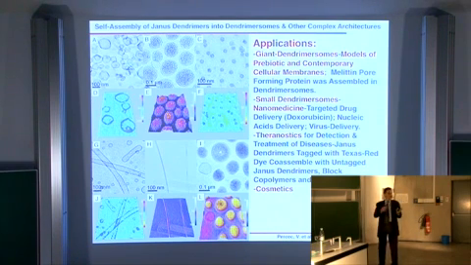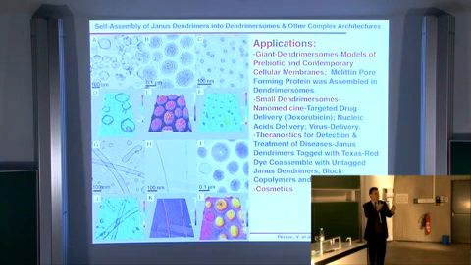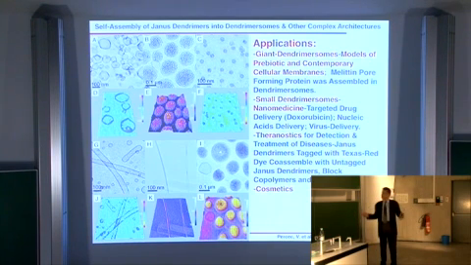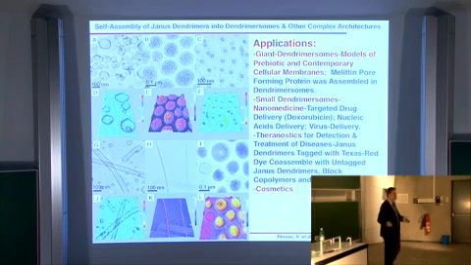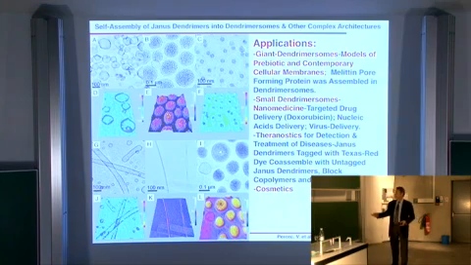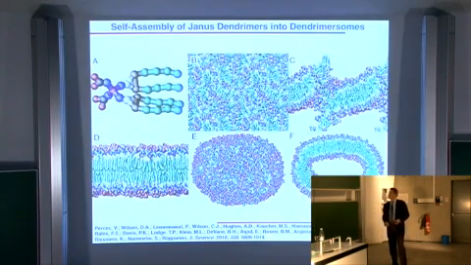You can demonstrate that these molecules can be co-assembled with non-dye-tagged Janus dendrimers, non-dye-tagged phospholipids and block polymers, and you stabilize them with a very small amount of the Janus dendrimer. And for the girls from our group, we have already started to develop new things in cosmetics, so that they are going to be happy about what we generated for other people.